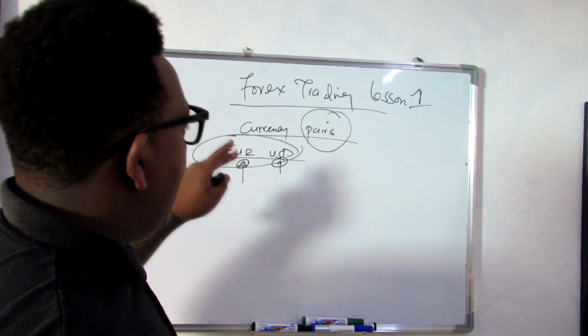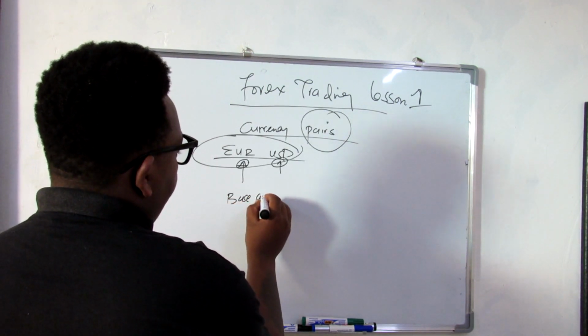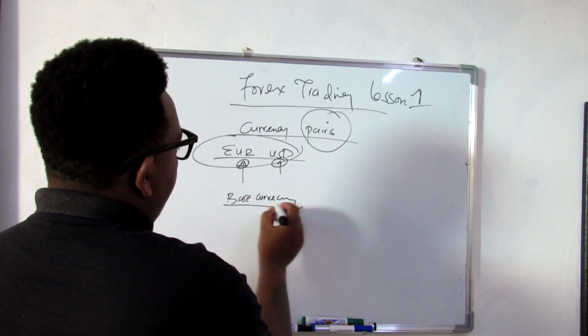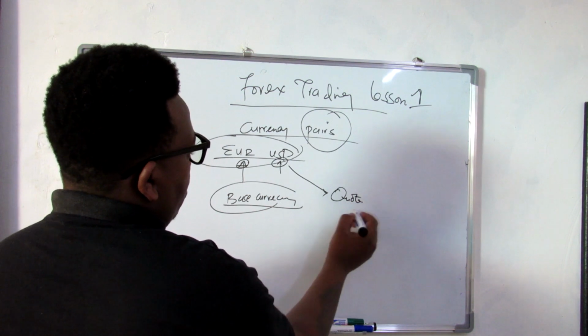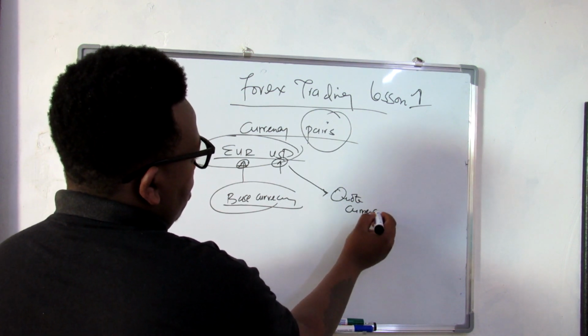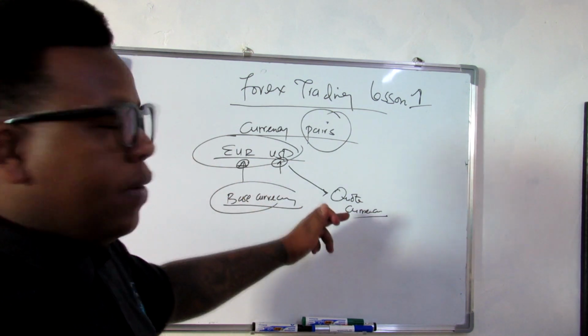The first currency in every pair is known as the base currency. And the second one we call the quote currency.